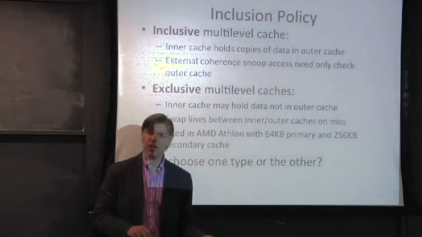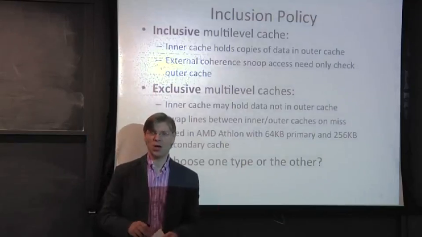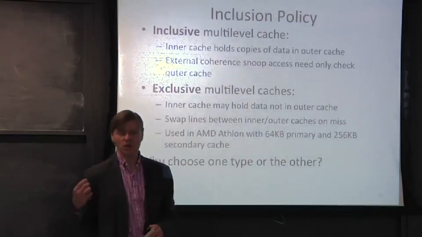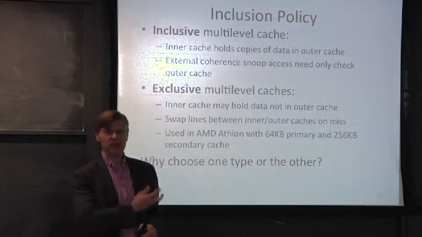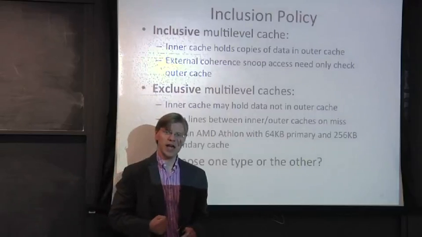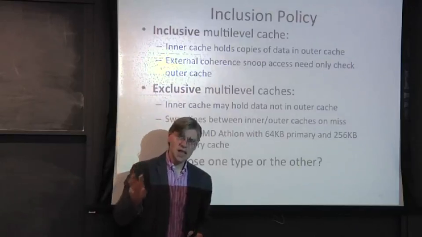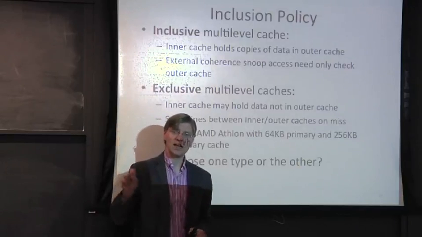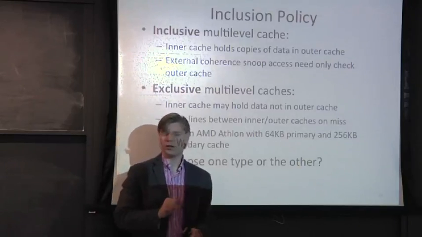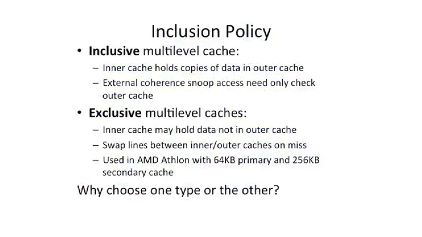And we're going to contrast that with an exclusive cache. In an exclusive cache, your level 2 cache is not going to have, or may not have, the same data that is in your level 1 cache. What does that mean?